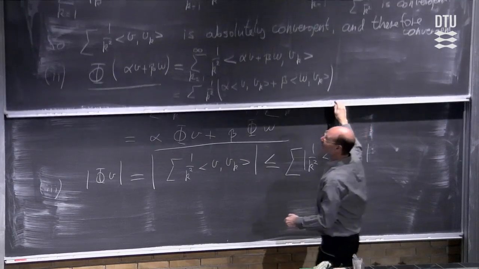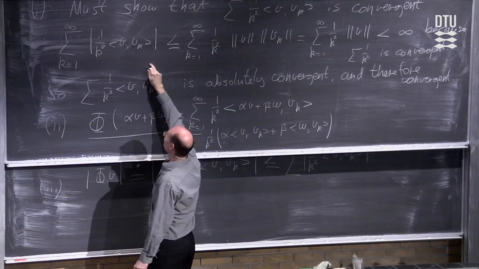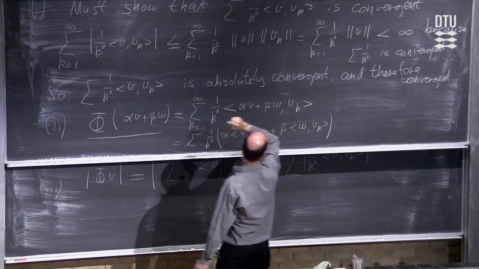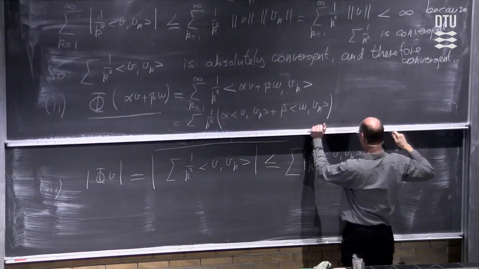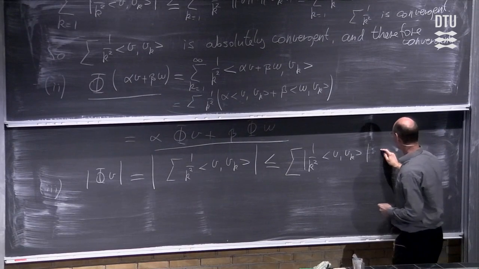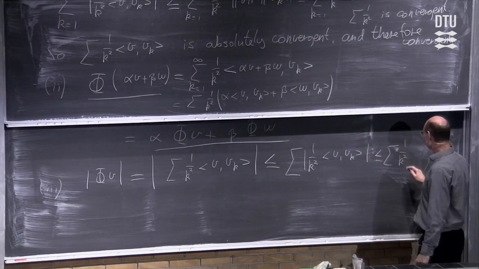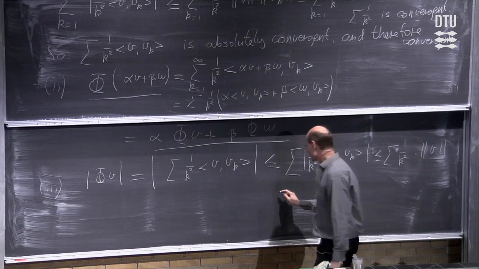This is exactly what we were calculating in order to show that the operator was well defined. So if you just look at this calculation, we know that this is smaller than or equal to, and where did we end up? We ended up here. So this is smaller than or equal to the sum of 1 divided by k to the power 2 times the norm of v. And this is simply by looking at the calculations.